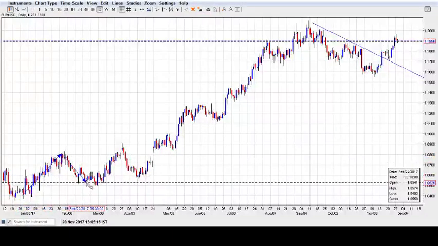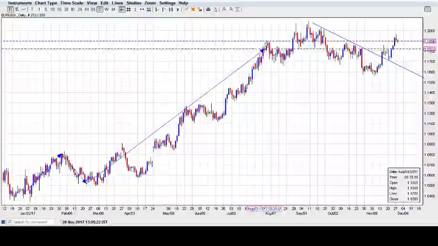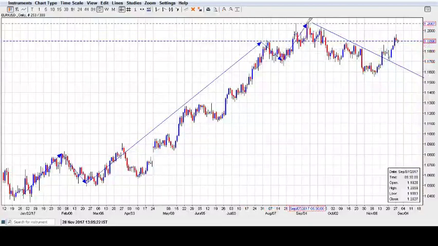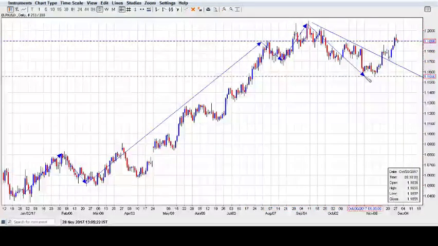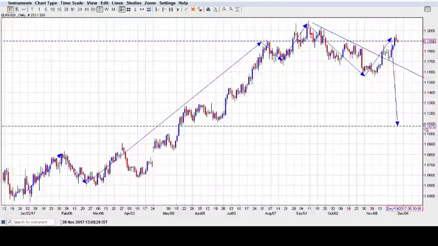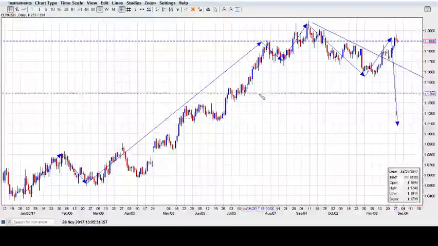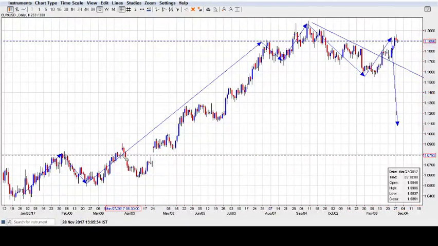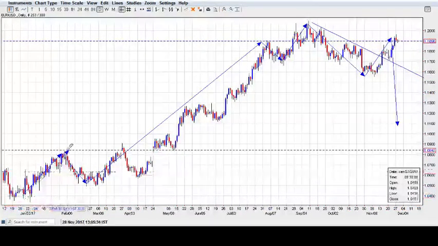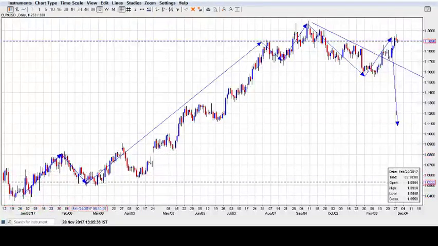Maybe we've either got waves 1, 2, 3, 4, and 5. In that case, we are going to see a wonderful drop towards 1.1. Case 2, as an alternate, if it is not 5, it could be wave 1, 2, and 3.